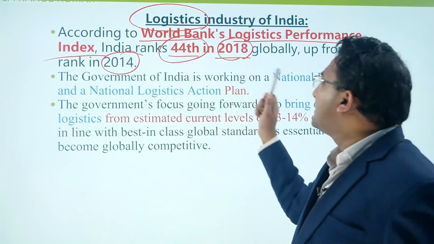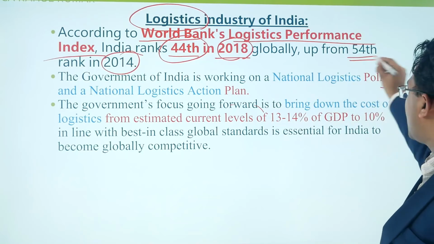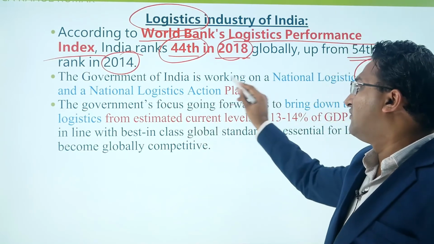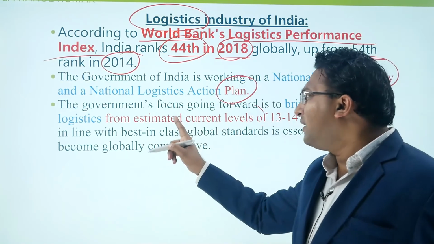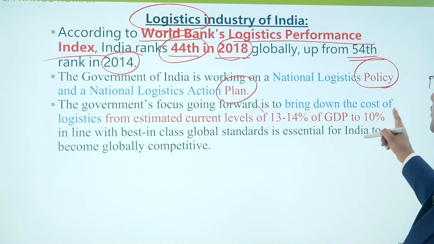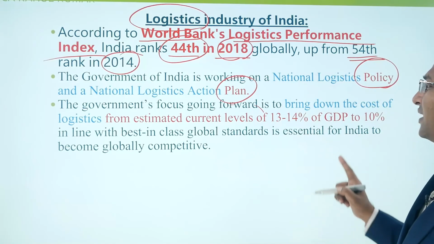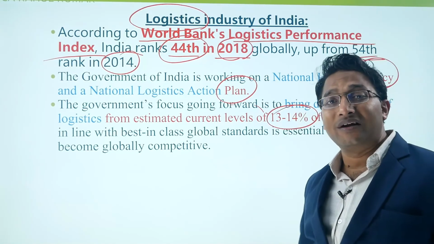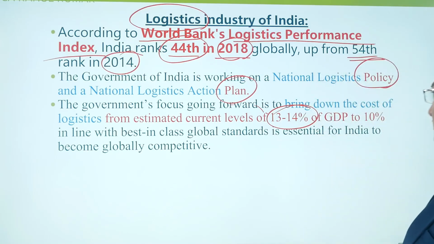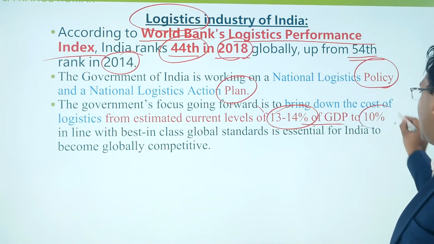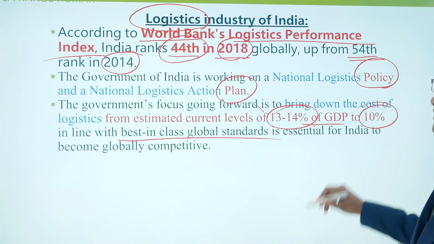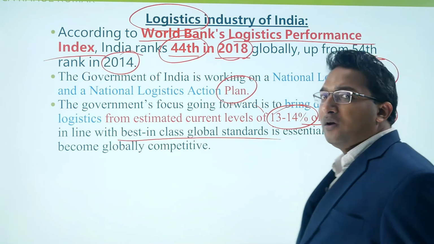The government of India is working on national logistics policy. So we have a policy and national logistics action plan. We have a plan also. The government's focus going forward is to bring down the cost of logistics from the current level of 13 to 14% of the GDP to approximately 10%, in line with the best in class global standards for India to become globally competitive.